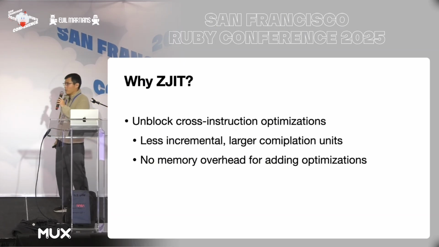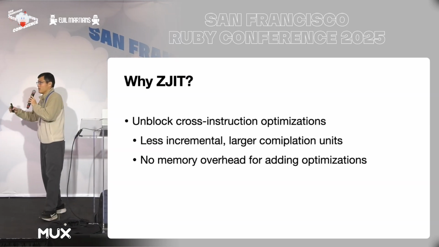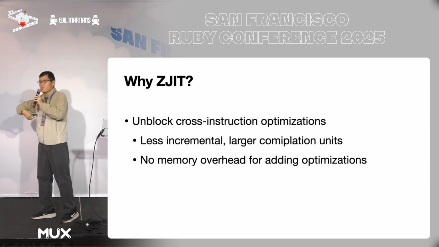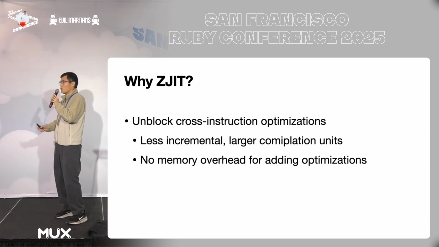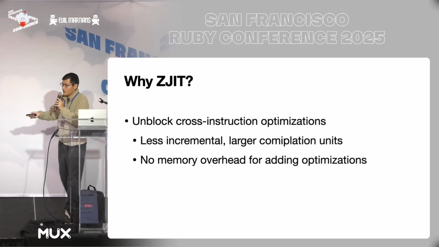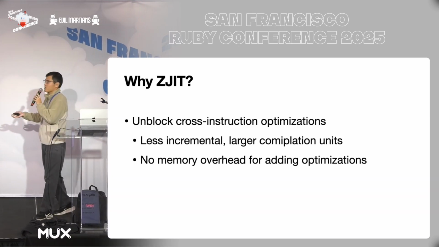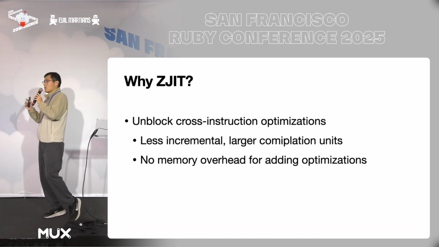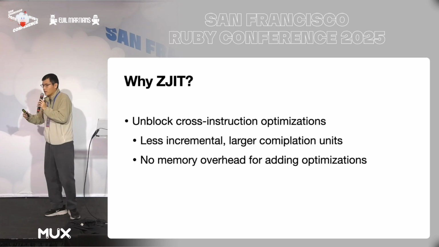And the reason why we are investing so much in ZJIT, not giving a speedup this year, but also making yet another JIT compiler at Shopify, is that in YJIT we weren't able to do some kinds of optimizations, which are cross-instruction optimizations. In YJIT we had some block-local optimization.